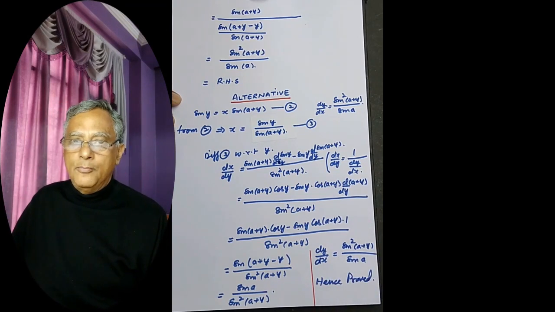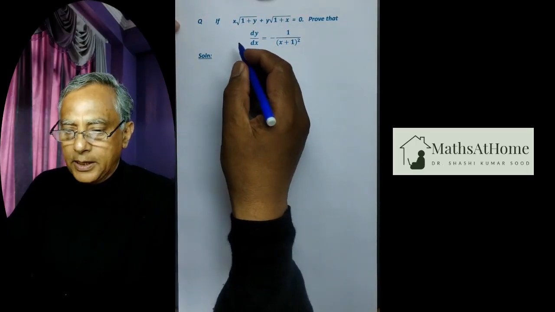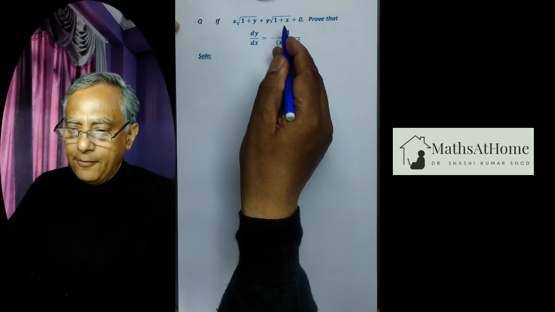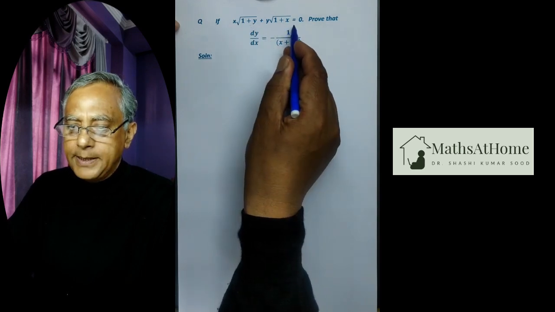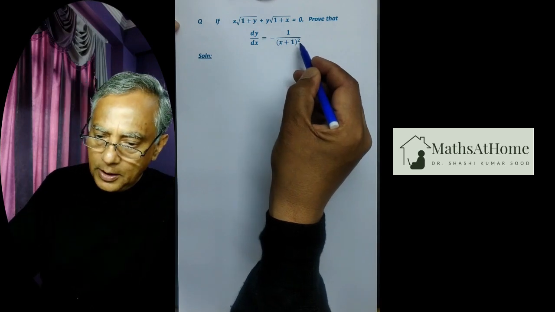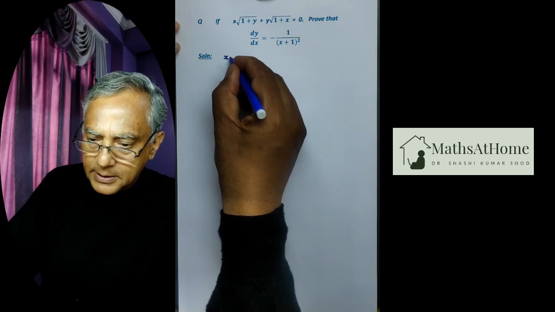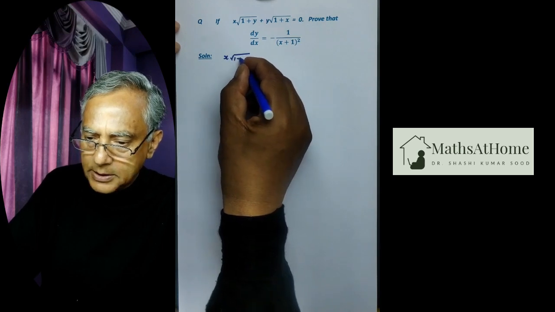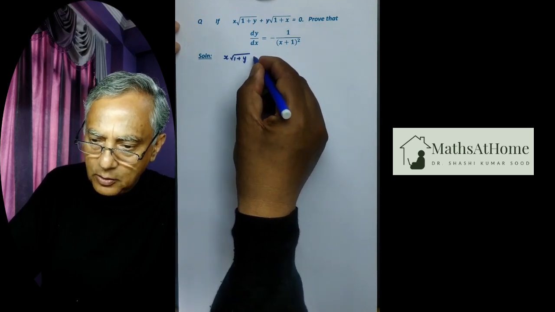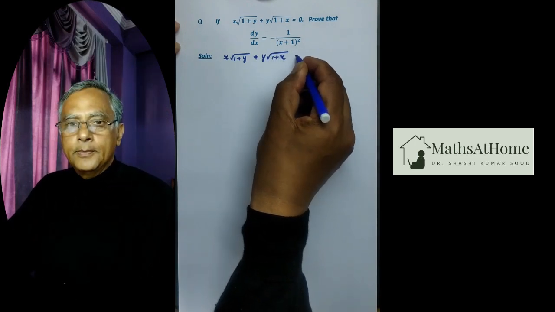Now in this question, we are given this equation and we have to prove dy by dx is equal to minus 1 over x plus 1 whole square. So we are given the equation x into root of 1 plus y plus y into root of 1 plus x is equal to 0.